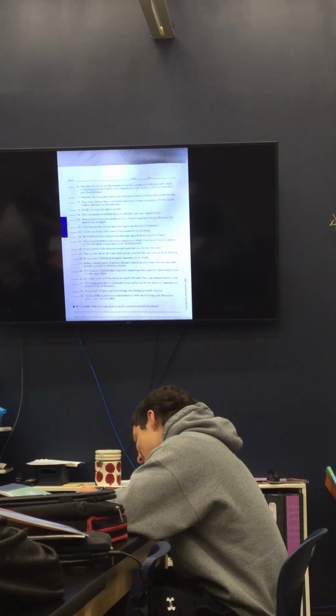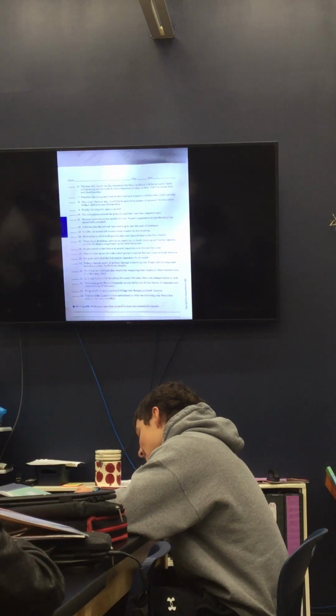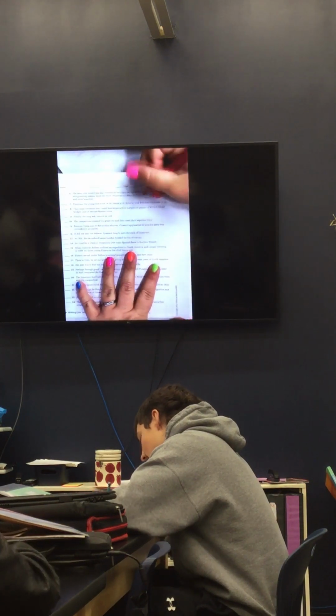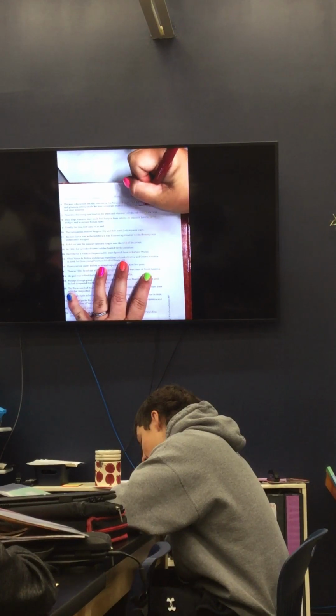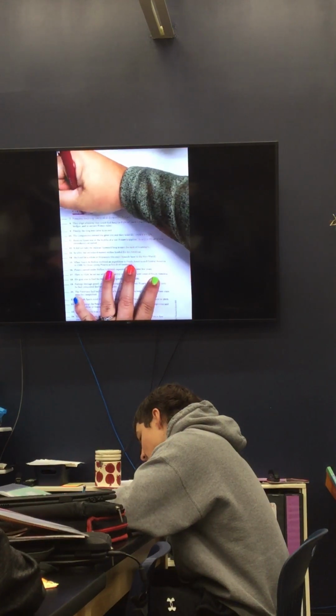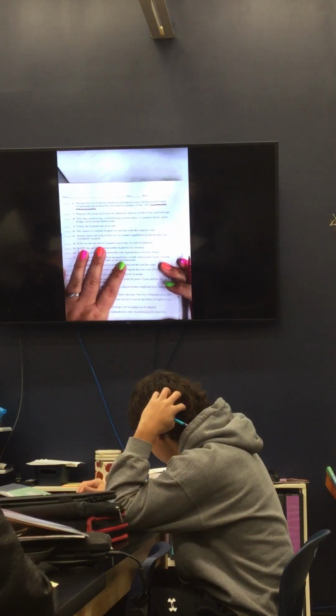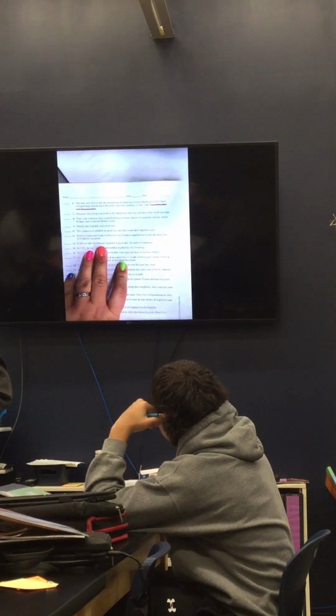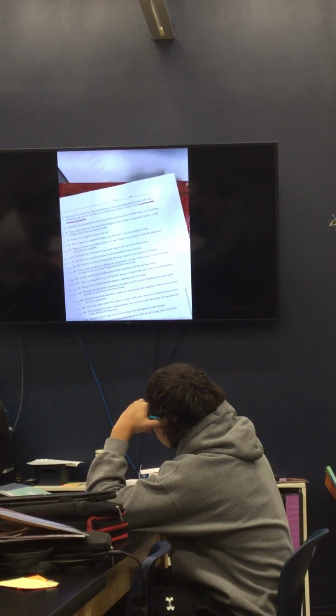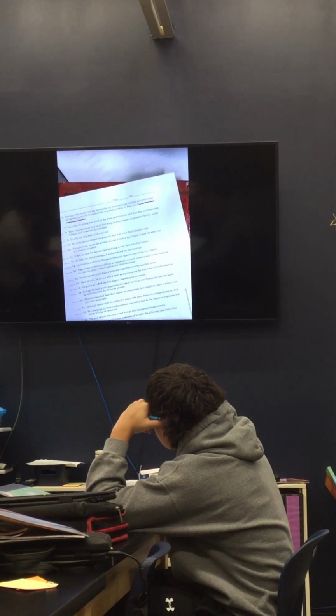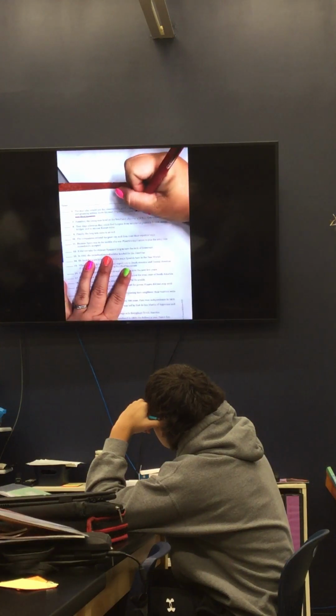Tay, what's one of them? In a coarse shirt and short breeches. Emma? On foot.